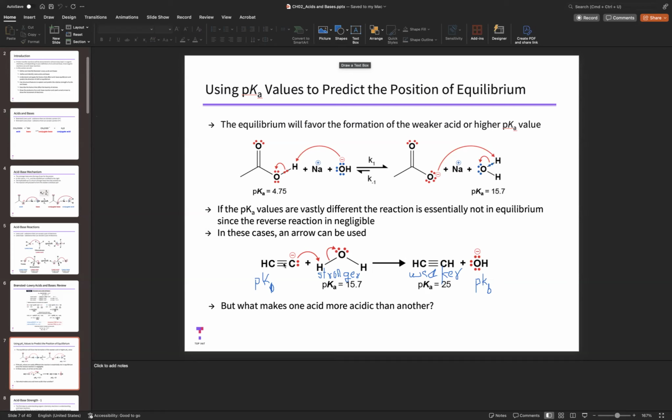So what is the pKb of this compound? The first one on the left.